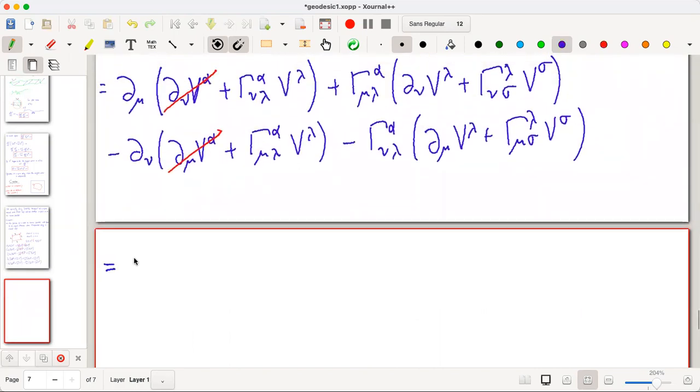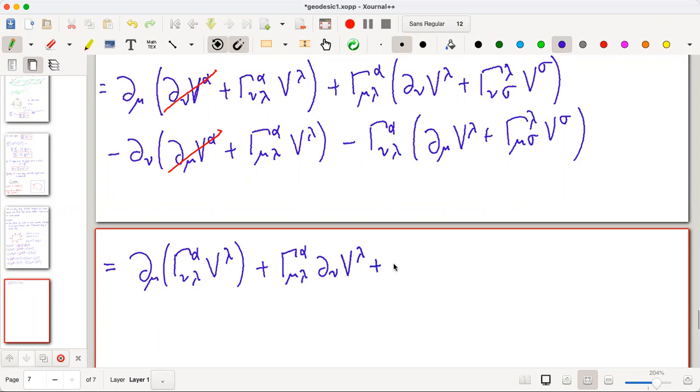So what is left is partial mu of gamma alpha nu lambda times v lambda plus I have gamma alpha mu lambda partial nu working on v lambda plus gamma alpha mu lambda gamma lambda nu sigma v sigma.